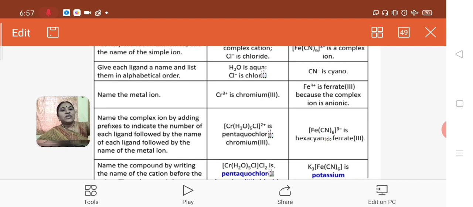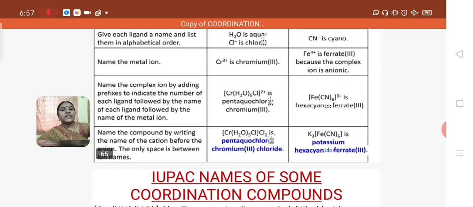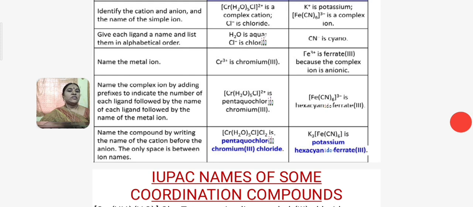Then name the compound by writing the name of the cation before the anion and leaving only a space between the ion names. Therefore, finally we have to name the counter ion present. So, the name of the complex is potassium hexacyanidoferrate(III).